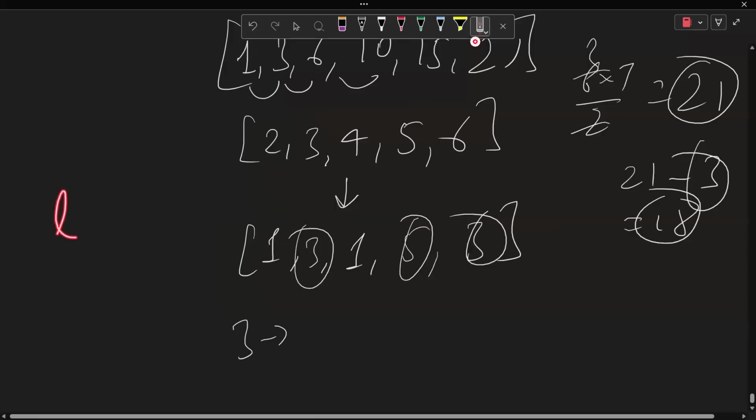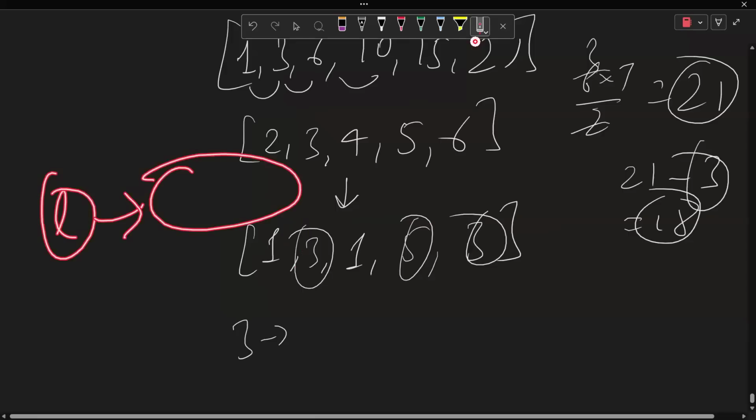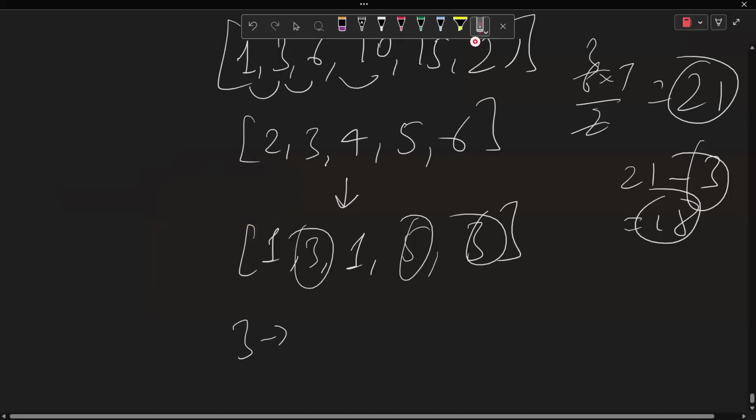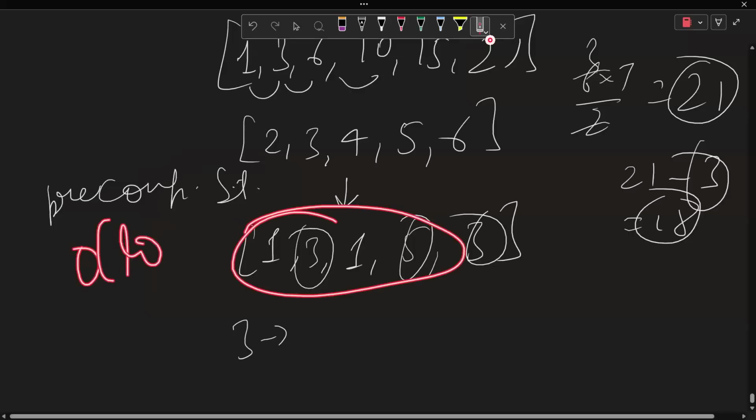So for every L, when you fix an L, apply a binary search, that's one way. Pre-compute your sparse table or a segment tree, so through that you would get the GCD of a range in O of log n.